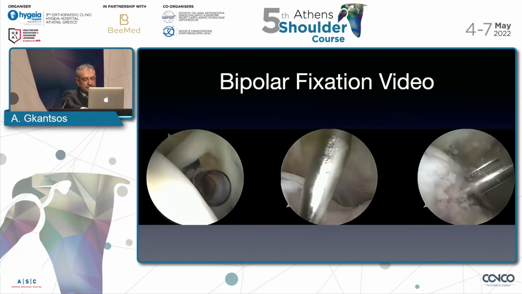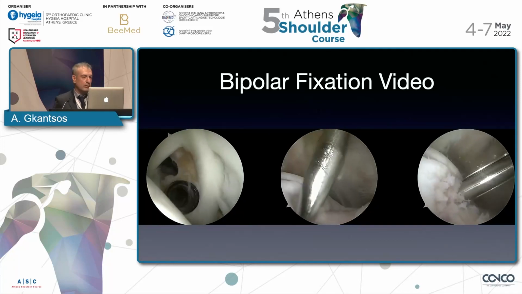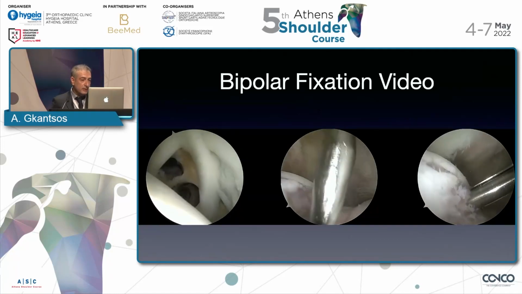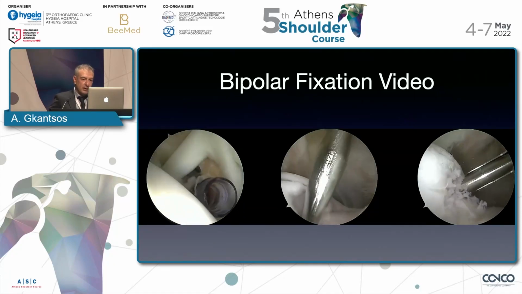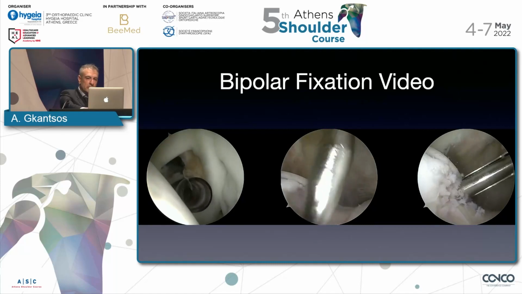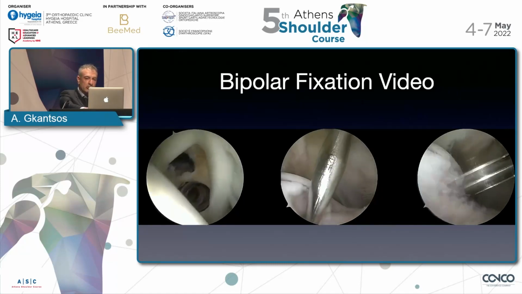So, the video. Sometimes the portals in the front are too crowded, and we're trying to solve this issue. We locate the lesion. After the debridement, we put our anchors.